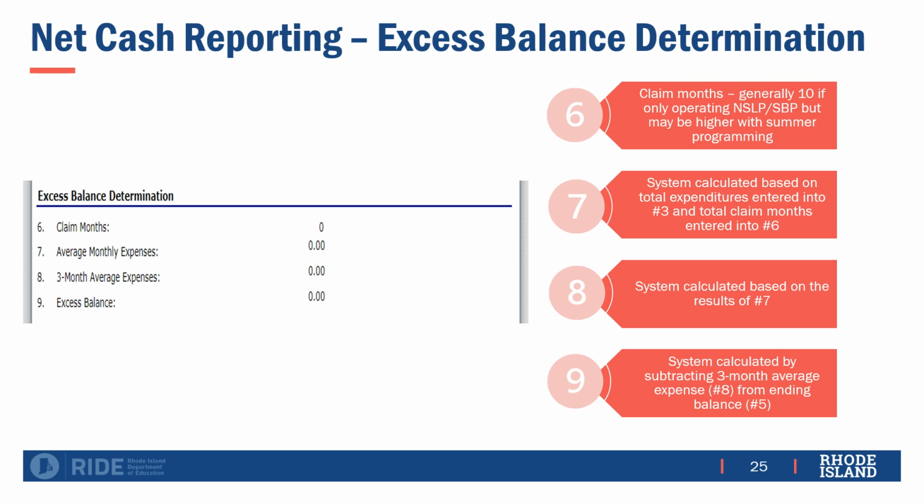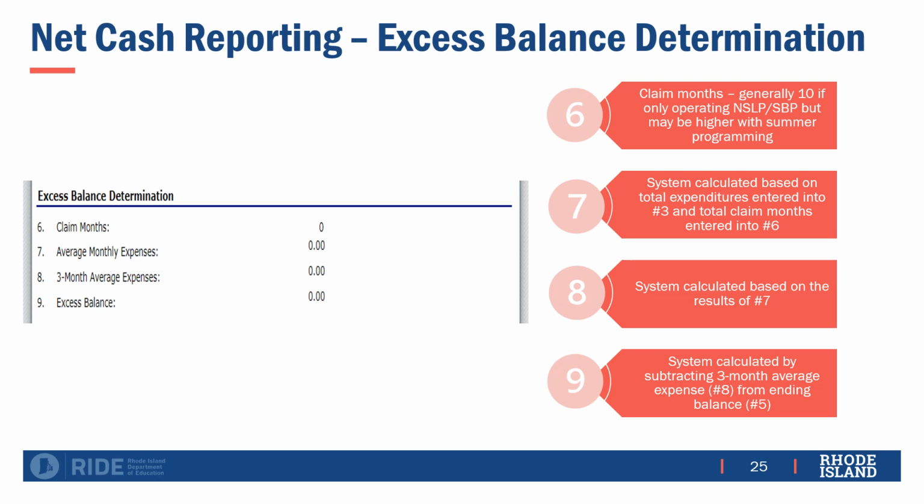The number entered here will be used to establish average monthly expenditures, so if your SFA operates a summer program, but the program is small and not comparable to school year operations, you would still use 10 as the number of claim months to get a more accurate picture of average monthly expenditures.